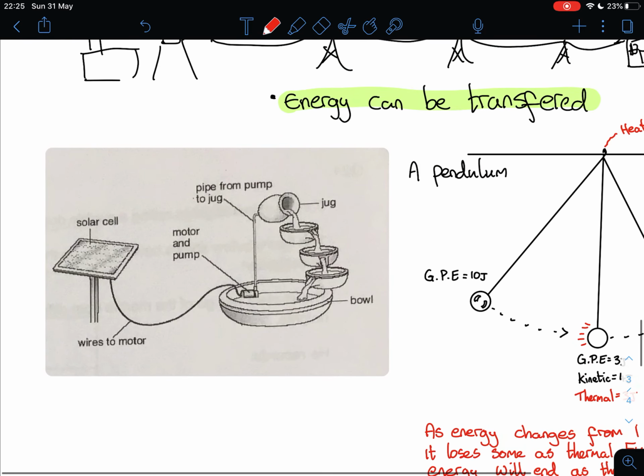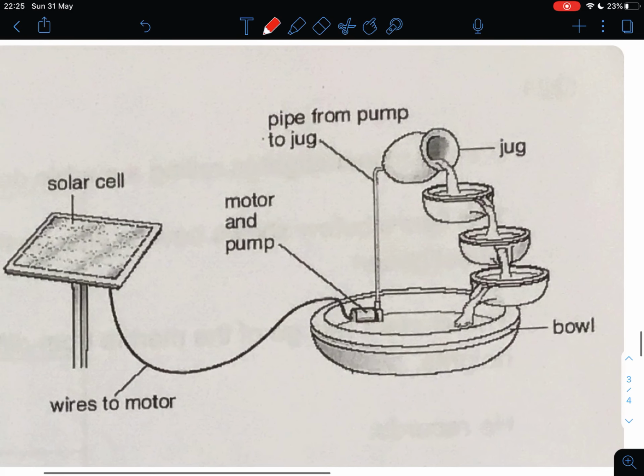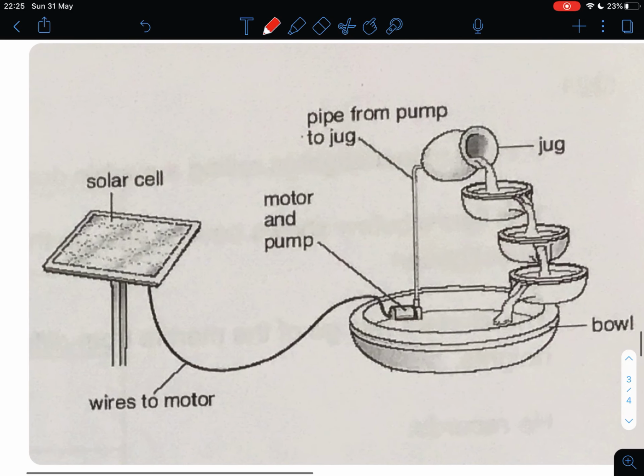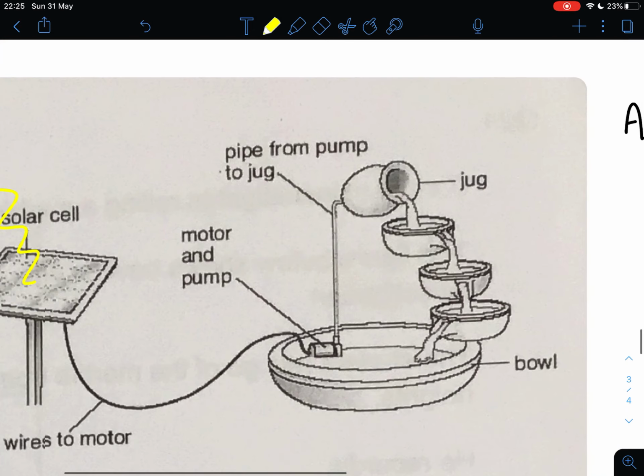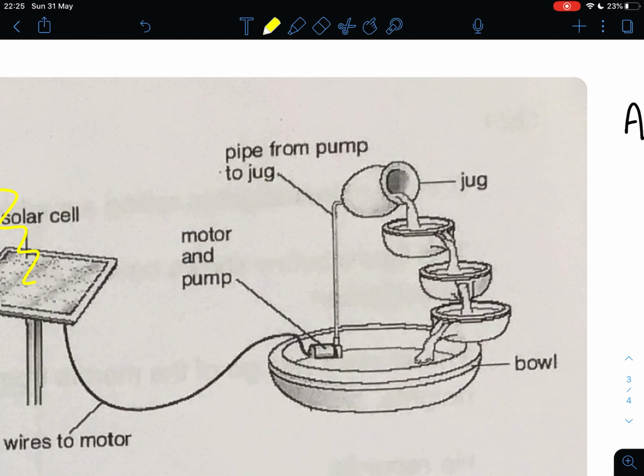Now I've got a nice little example of this. A solar powered water fountain. So the light goes in, let's get yellow, light goes in, it turns into electricity, powers the pump, pumps the water up, and the water trickles back down, it goes round and round.